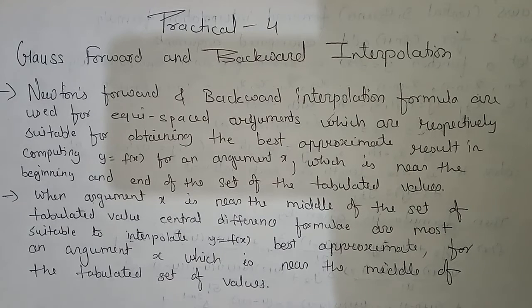Now, when the argument x is nearer to the middle of the set of tabulated values, central difference formulas are more suitable to interpolate y equal to f(x) best approximately.